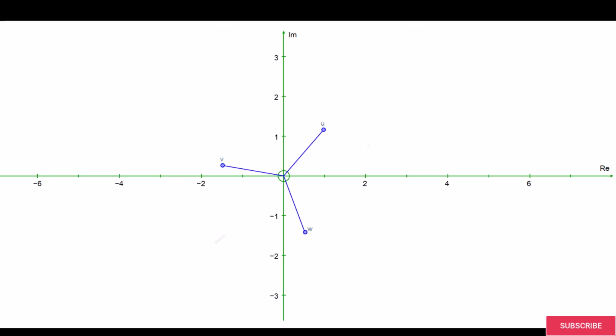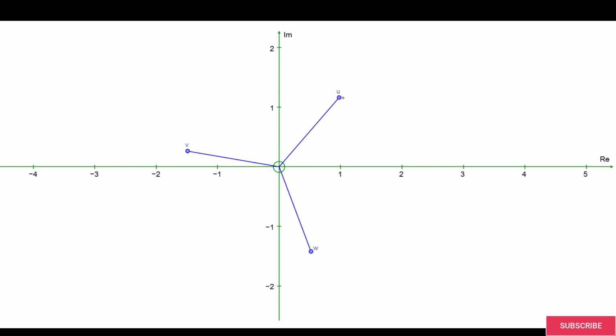So we have U as this point, V here and W here. We can see it is actually going to form a circle with radius being the modulus, which is 12 to the power 1 over 6. So these roots will always lie on the circle, and they are going to be equidistant.